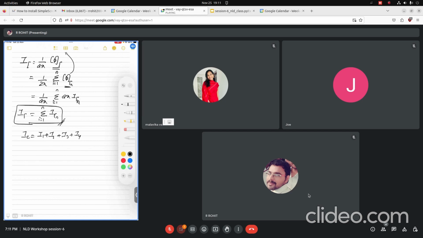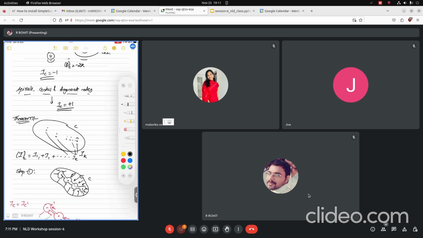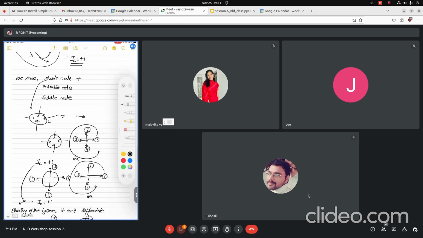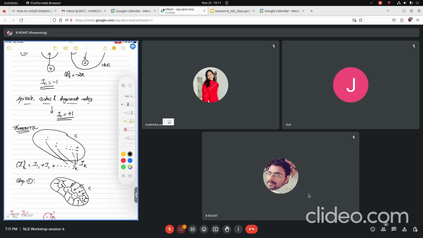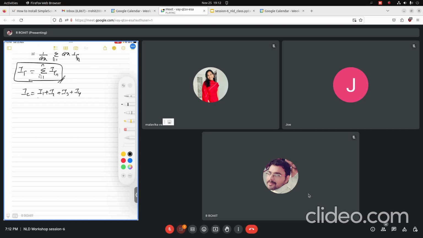So we just need to find, before this we told for a saddle node what is the index, for an unstable node what is the index, and we have similarly seen for spirals, centers, degenerate nodes what is the index. Now from the previous classes we know how to find the fixed points of a system. Now if you determine the fixed points of a system, then you can find the global picture.